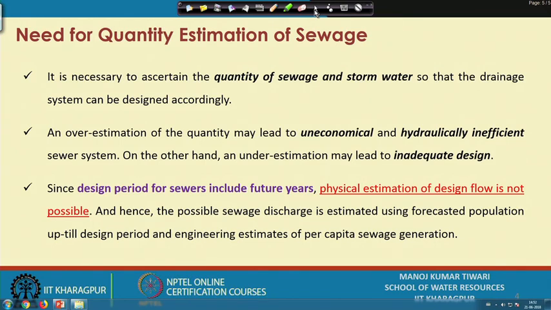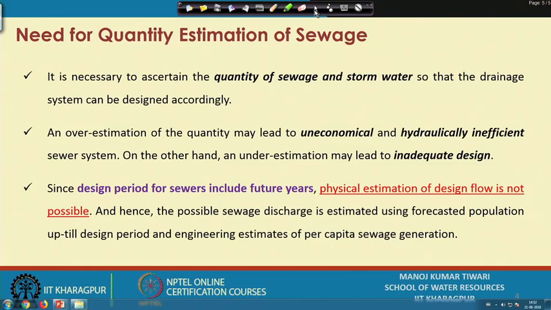If we overestimate the quantity of sewage, we are going to design our system for a flow which is not there. That makes our sewerage network hydraulically inefficient, because we have designed for a flow which does not exist, the flow is much lower.